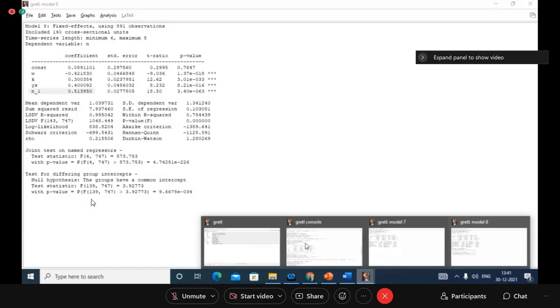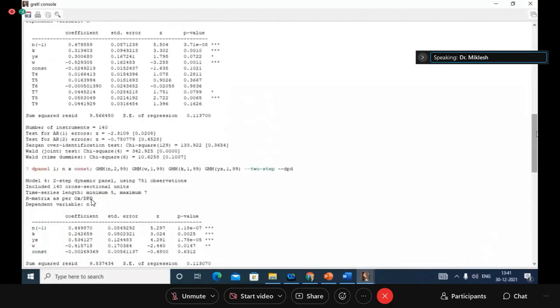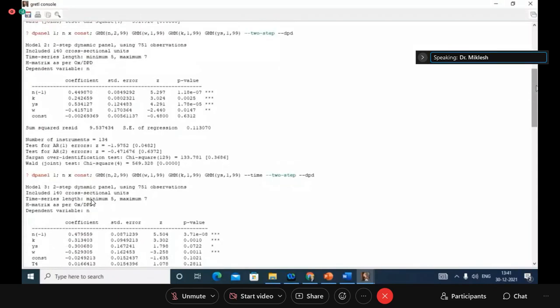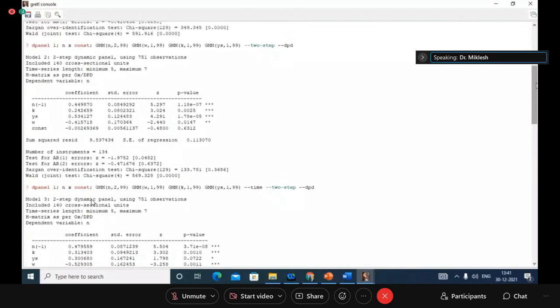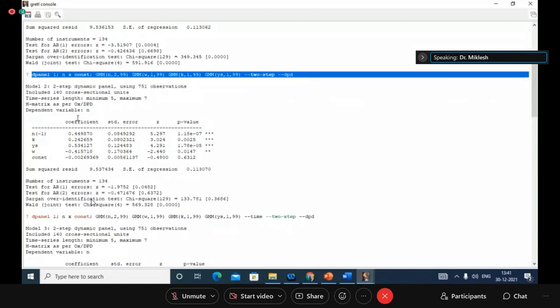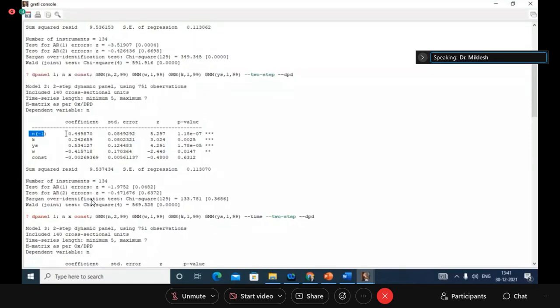Okay, this is the result of difference GMM. This is the difference GMM we have run, isn't it? In the two-step model we have applied, and then what we have got is 0.44987. So I'm writing here difference GMM 0.4498.